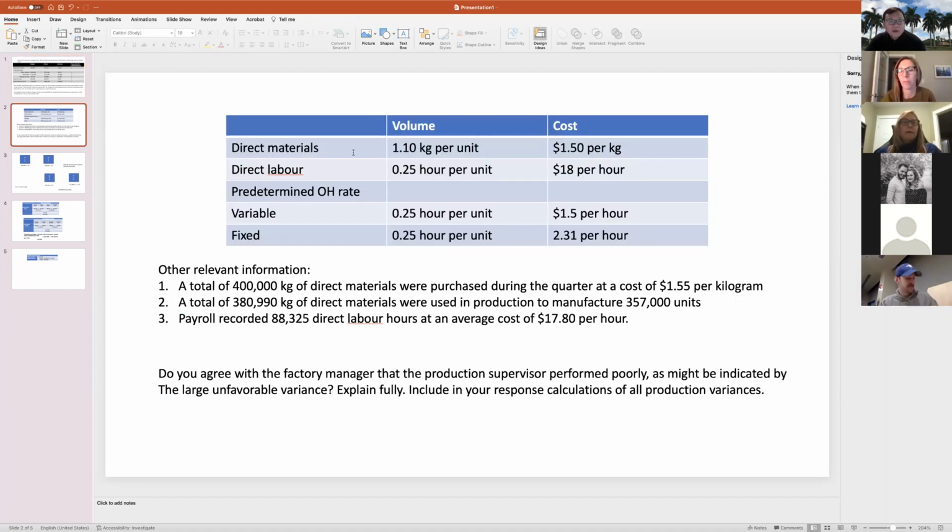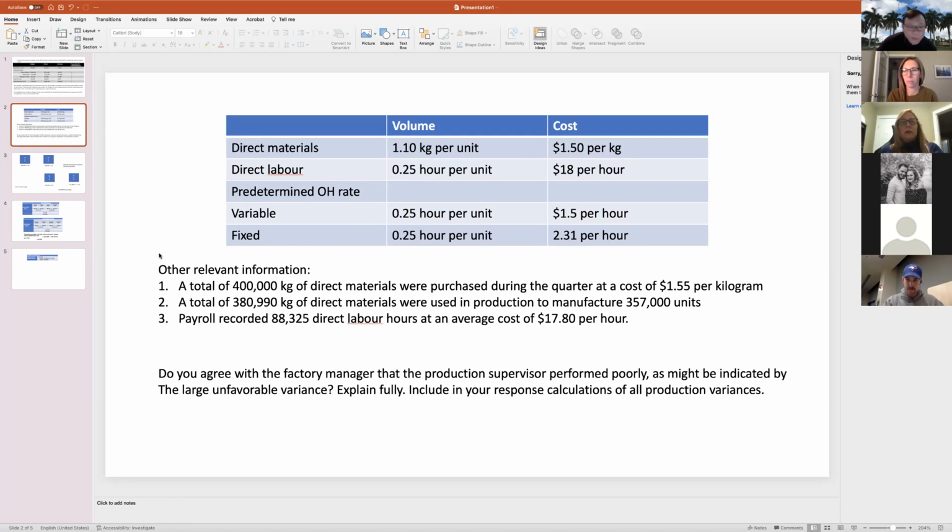So direct materials, each unit will require 1.1 kilogram, and each kilogram costs $1.50. Direct labor, each unit will consume a quarter hour. Each hour costs $18. Predetermined overhead rate variable is each unit a quarter hour, each hour 1.5. Fixed, same volume, but the cost is $2.3 per hour.